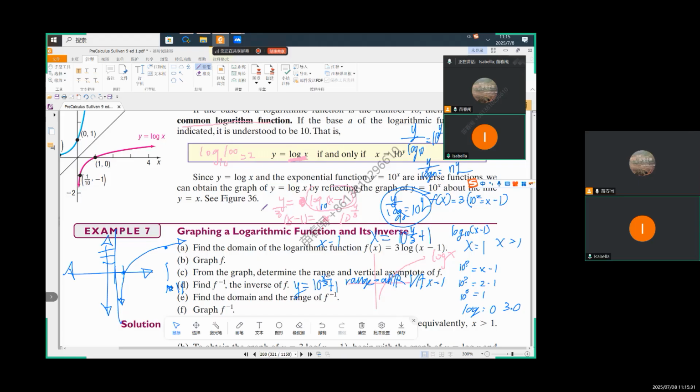Thank you. So we can summarize from here: the domain is 3, you have to divide, otherwise it looks complicated. And then the range is y equals 1.